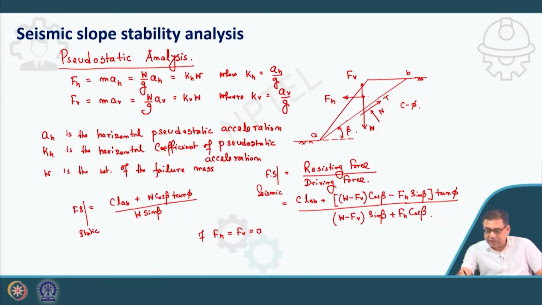And if I take FH in this N direction, the FH component will be negative, minus FH sin beta. Similarly, for the T direction, this will be W minus FV sin beta plus FH cos beta. So this is the driving force and this is the resisting force, and we will get the factor of safety.